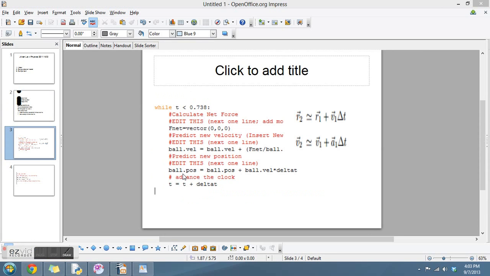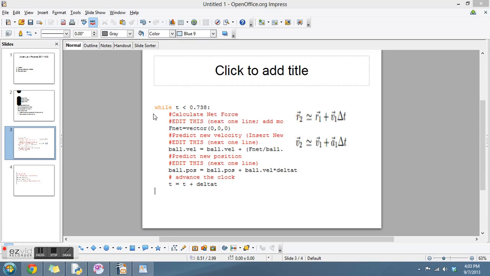The computational model created in Python allows one to predict the final velocity and position of the object by manipulating Newton's second law. Given initial position and velocity, the future position and velocity can be predicted using these two equations here, where R2 equals R1 plus V1 times delta T, and then V2 equals V1 plus F net over mass times delta T. In Python, this calculation is carried out in the while loop.